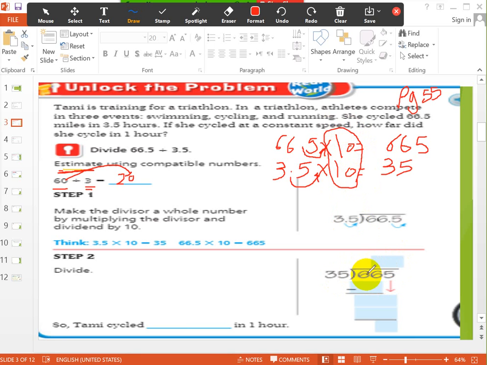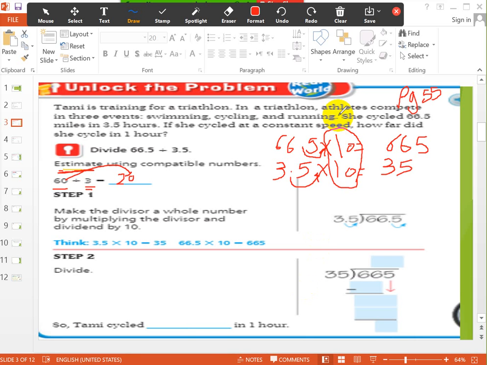So now I will divide 665 by 35. First, I will take 6. Can I divide 6 by 35? No, I can't. So what do I have to do? I have to take the next digit, the 6 in the tens place. So the first digit in the quotient will be in the tens place. So 66 divided by 35. How many 35s are in 66?